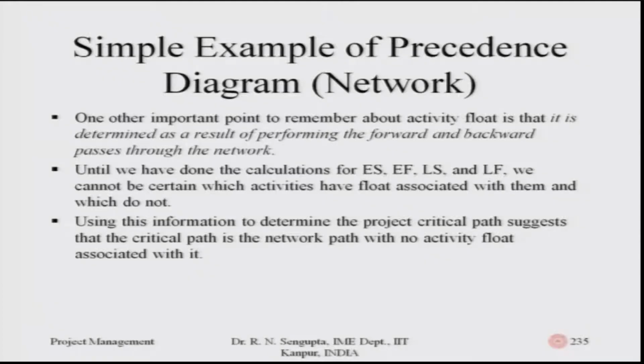We cannot be certain which activities have floats associated with them and which do not have any slacks associated with them. Using this information to determine the project critical path suggests that the critical path is the network path with no activity floats, such that it is critical to understand that any delay in those particular activities would definitely have a negative impact on finishing the time duration of that project.